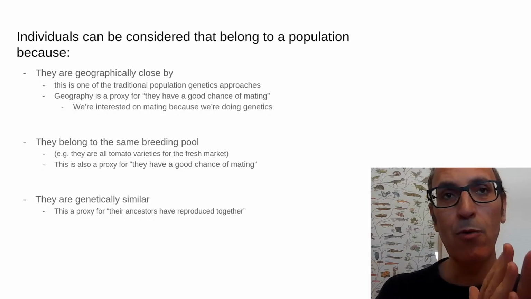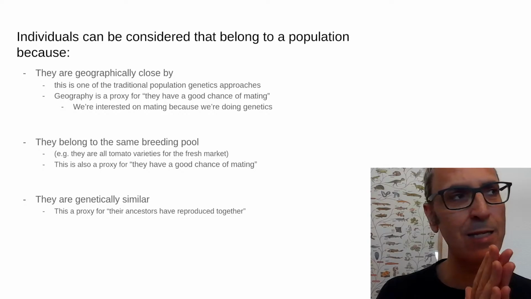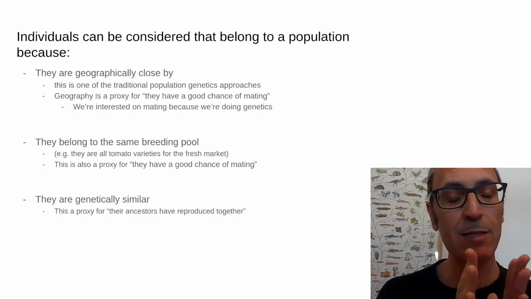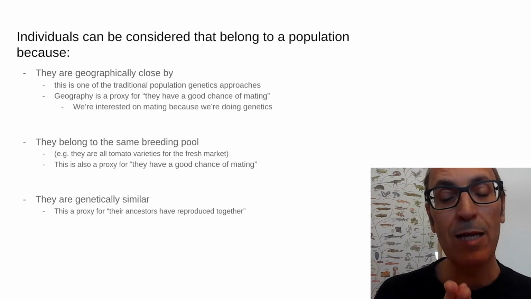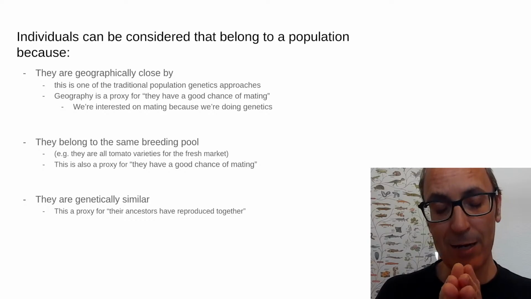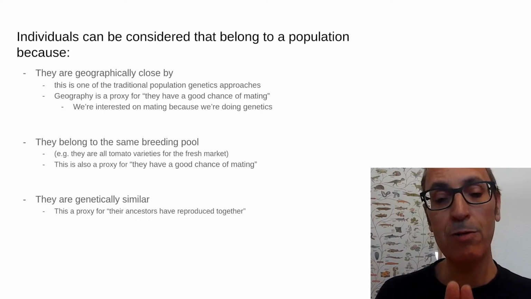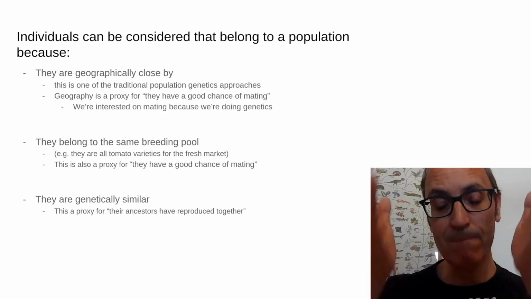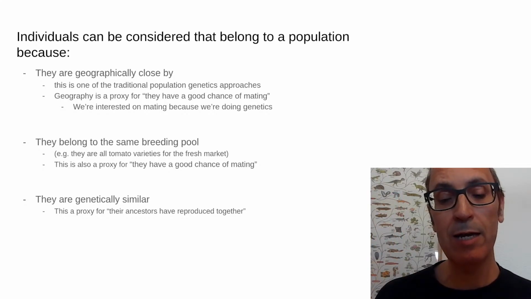So we might use genetic distance as a proxy to say these are in a population because their parents were mating together. That is why genetic distance is a good proxy to define populations.